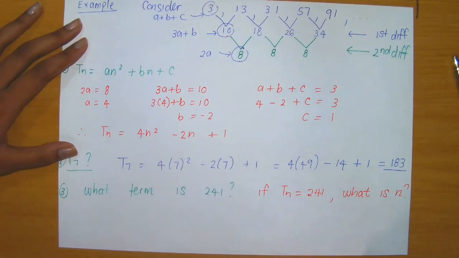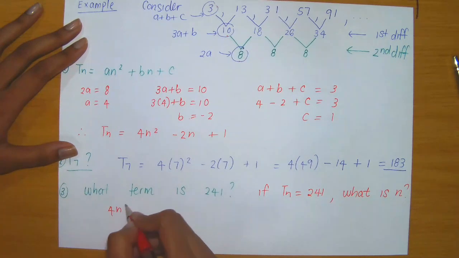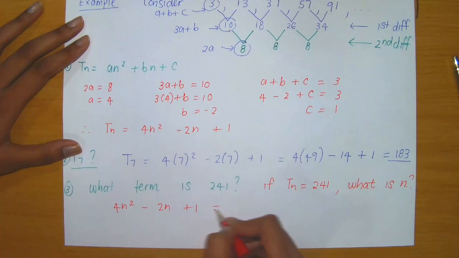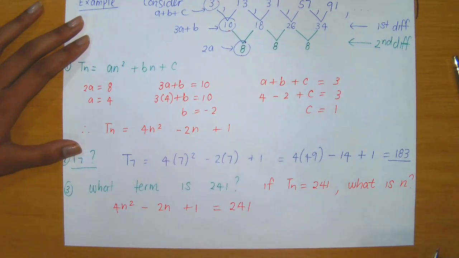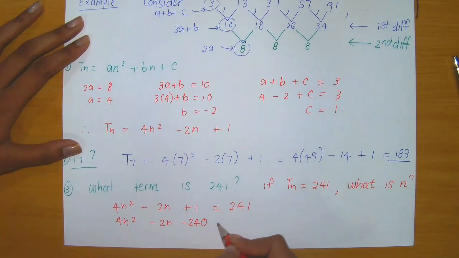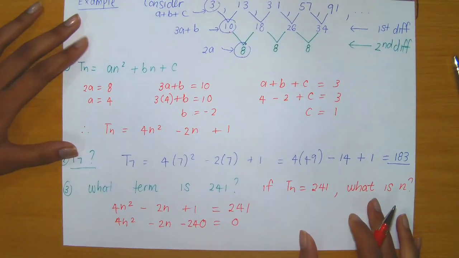So we know what Tn is. We've got the general formula. So we know that 4n squared minus 2n plus 1 equals 241. Taking all of the terms onto one side, I then have that 4n squared minus 2n plus 1 minus 241 is minus 240, and that's equal to 0.